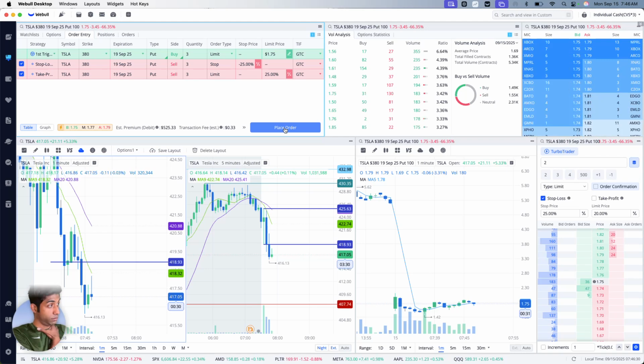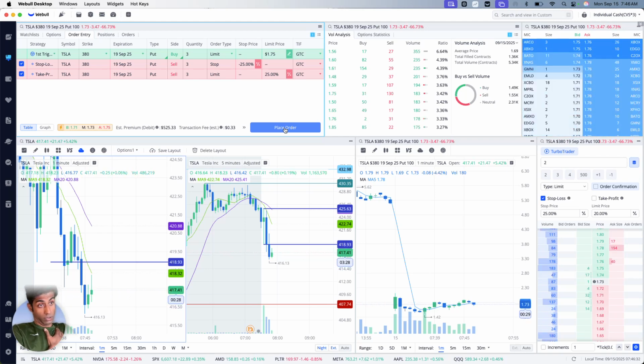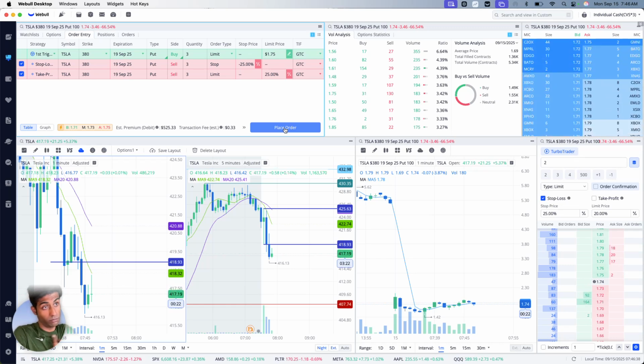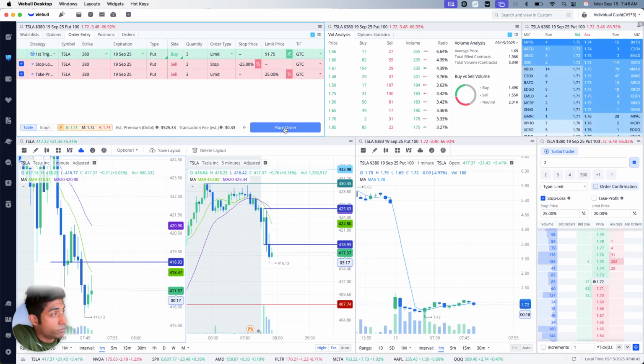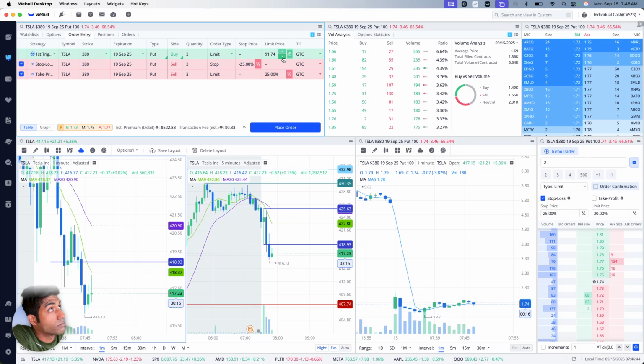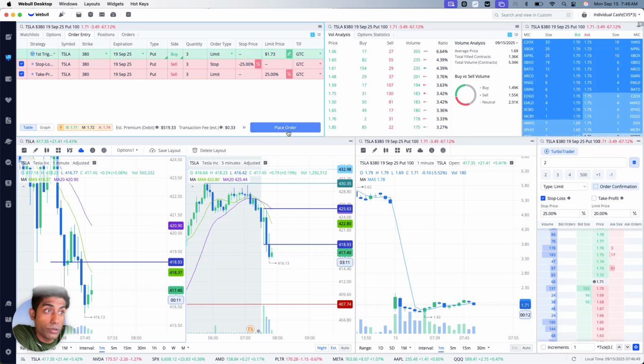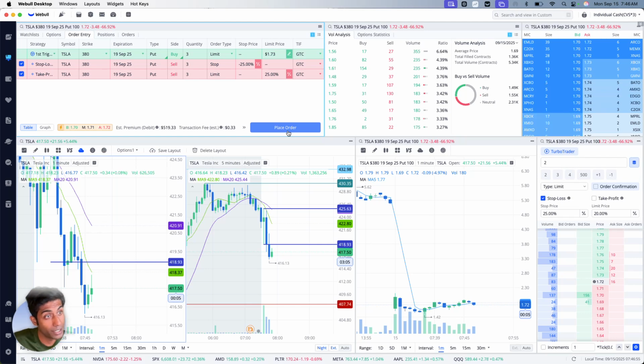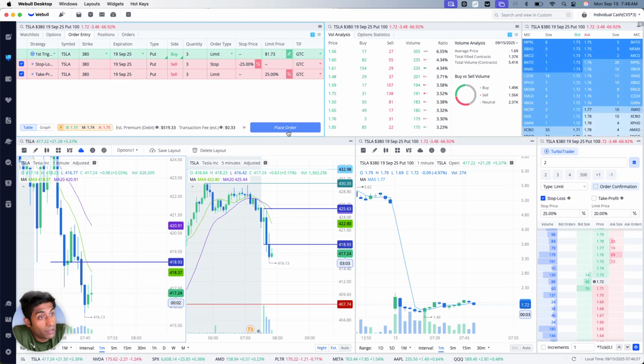I think so. I feel myself hoping Tesla goes down instead of just waiting for the price action, but that is the emotion of having an order ready to go.